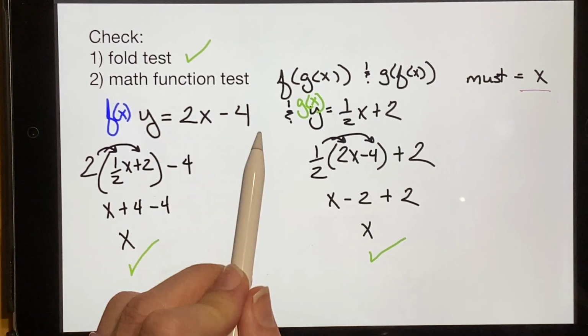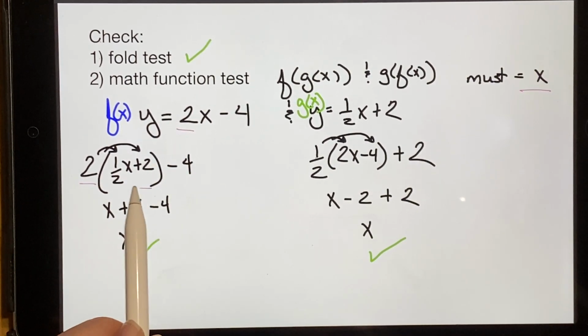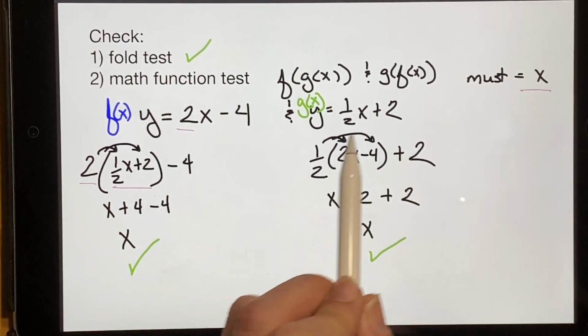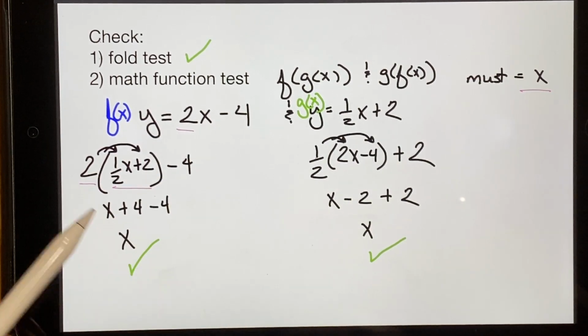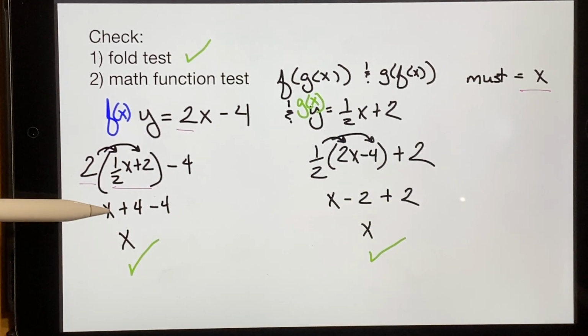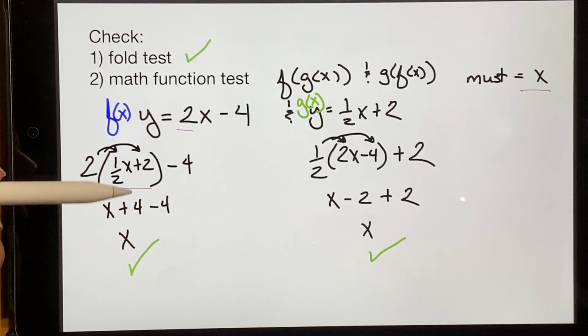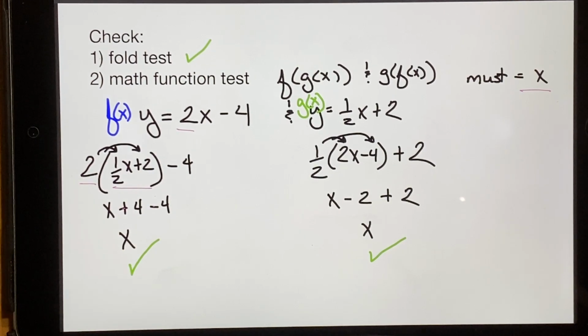As we do that composite function, remember, we write down our first number, we leave a blank for our x value, minus 4, and I'm going to plug this entire equation in where x was, work out the math, and I get 2 times 1/2 x gives me x, 2 times 2 gives me 4, x plus 4 minus 4 gives me x.